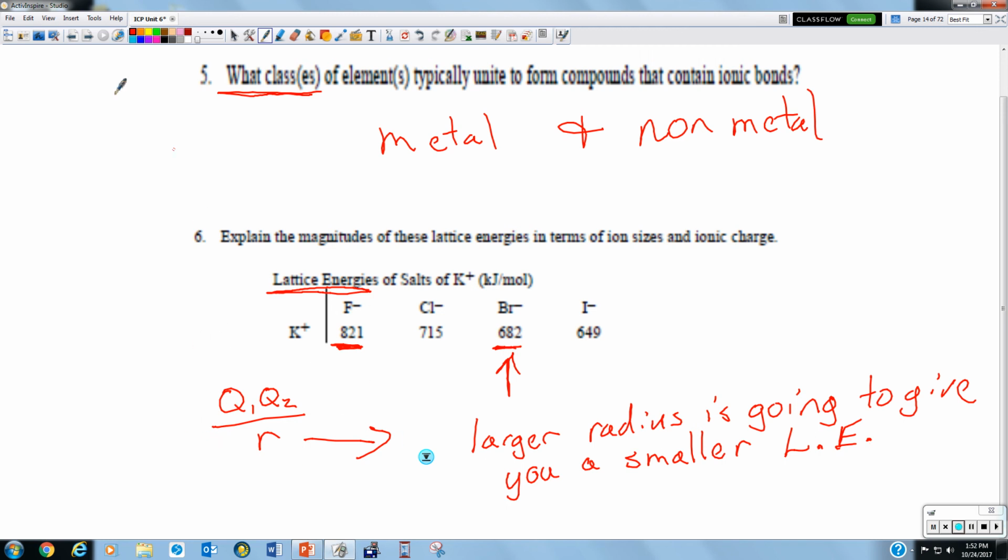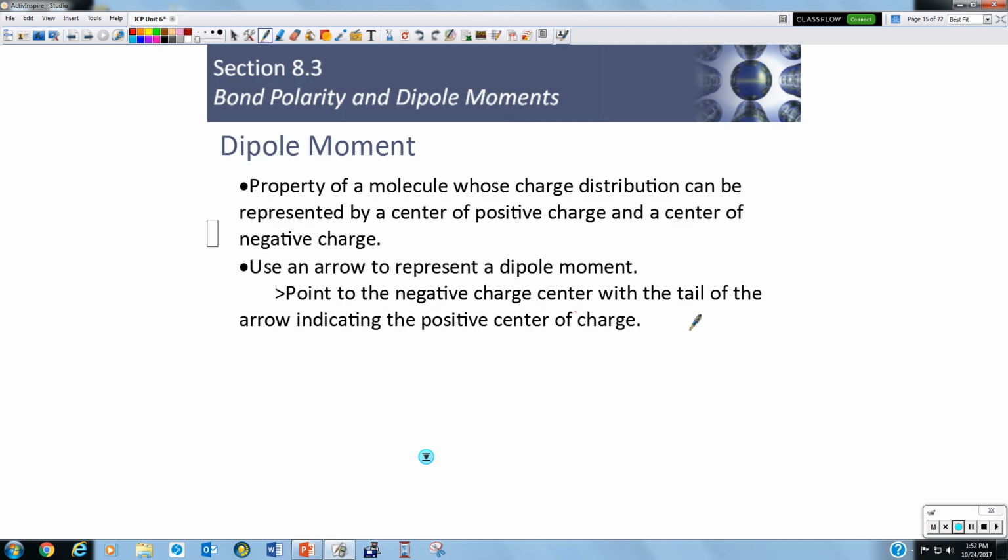All right. Dipole moments. Dipole moment is a property of a molecule whose charge distribution can be represented by a center of positive charge and a center of negative charge. So essentially, there are poles.